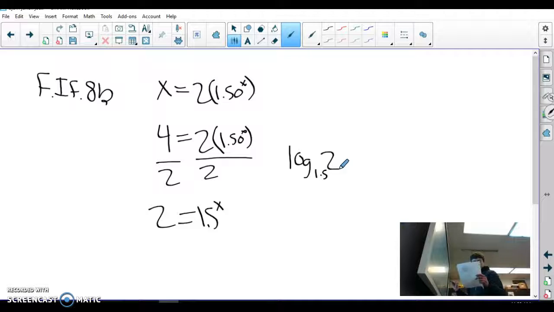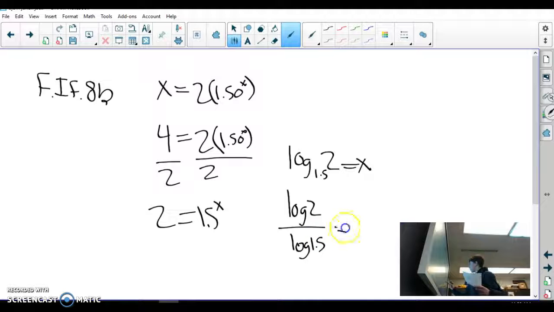You don't know x because you don't know the amount of time yet. And you can do log of 2 divided by log of 1.5 equals x. X is the time.